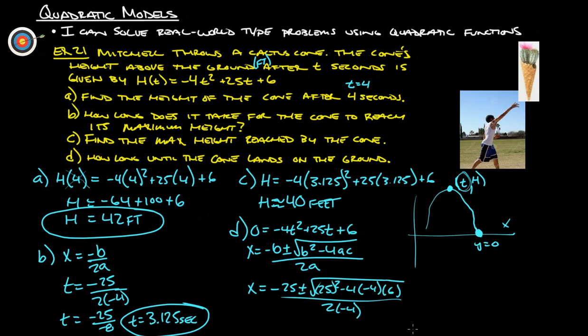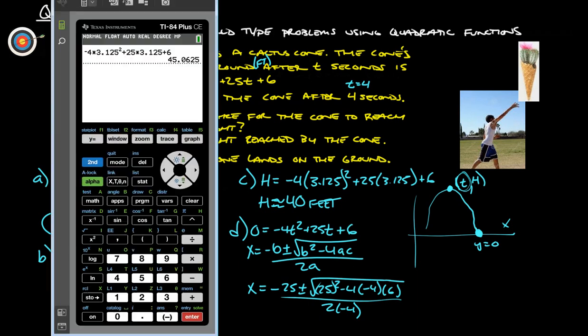Okay. So what we're going to do is just plug this whole thing in, and away we go, right? So I'm going to just find out what's under the radical first. So let's do 25 squared minus 4 times negative 4 times 6. And that gives us 721.